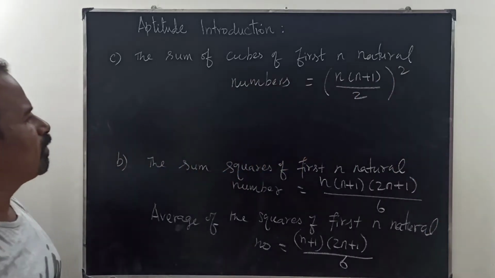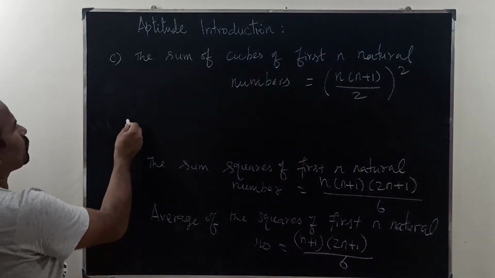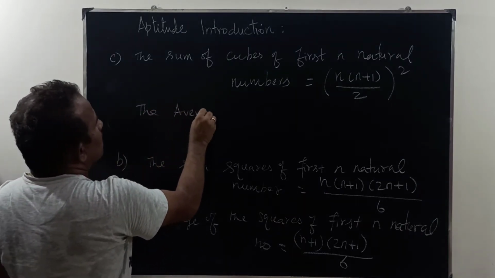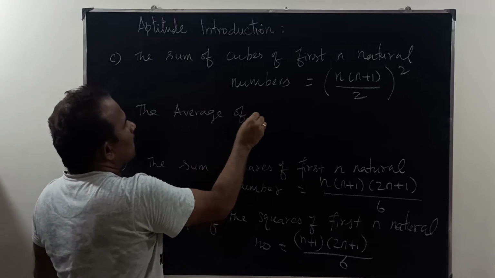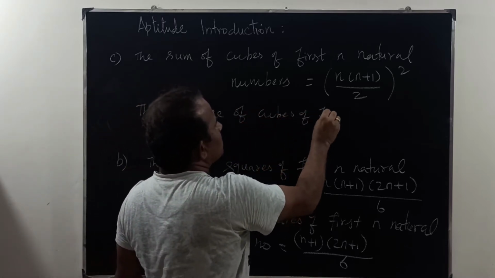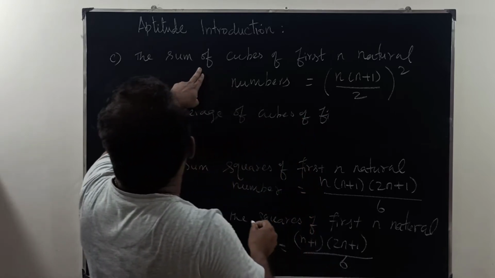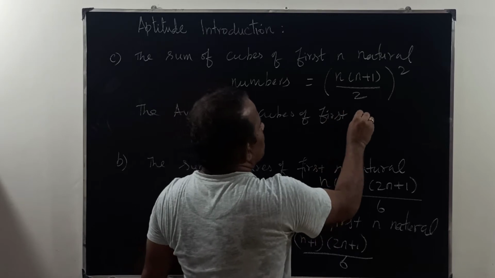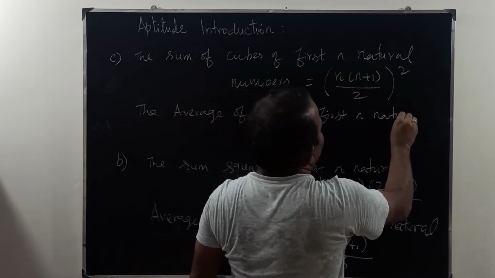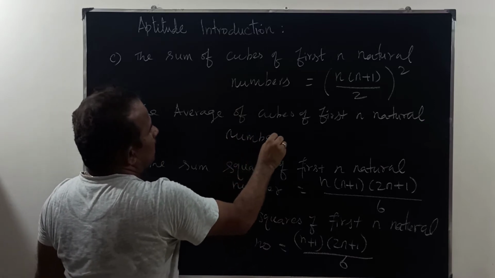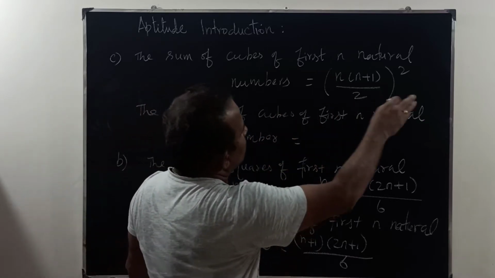The average of cubes of first n natural numbers is equal to that divided by n.